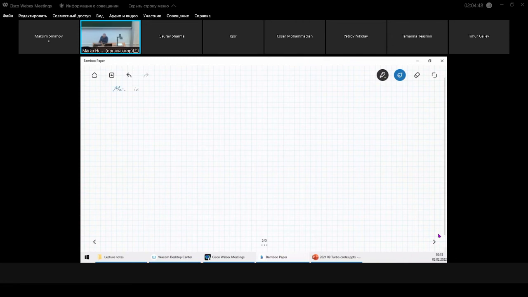MAP: Maximum A Posteriori Probability. That's what the P stands for.